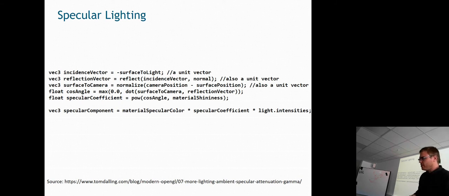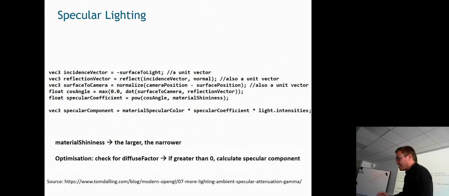The higher the value, the narrower the angle in which the specular effect works. If you reduce it, you have a wider range of specular effects on the object. So that's the rough component here.